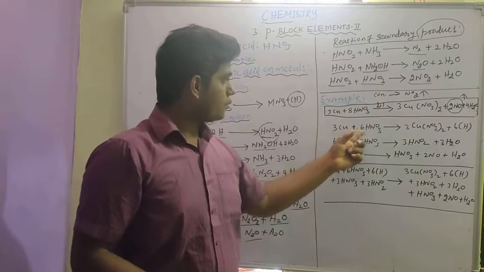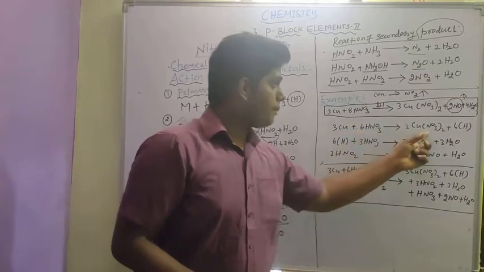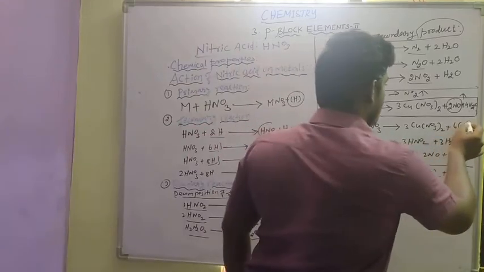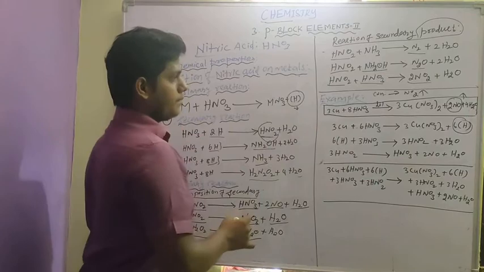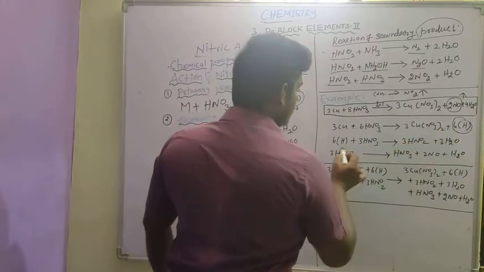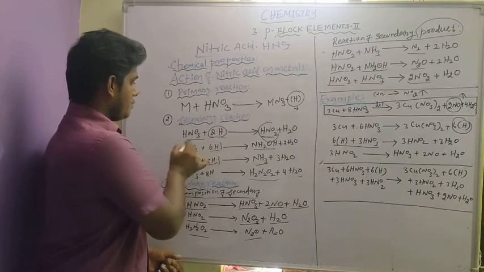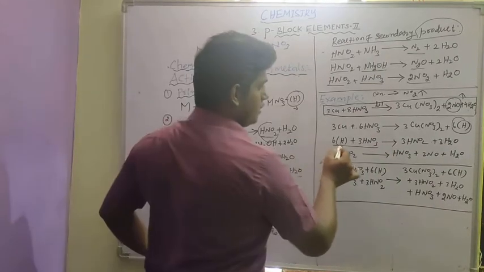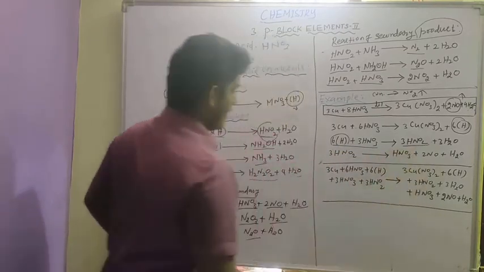First, copper reacts with nitric acid. 6 moles of nitric acid produce copper nitrate, and nascent hydrogen is also produced. This is the primary step. Then, in the secondary reaction, the nascent hydrogen reacts with the nitric acid to form nitrous acid.